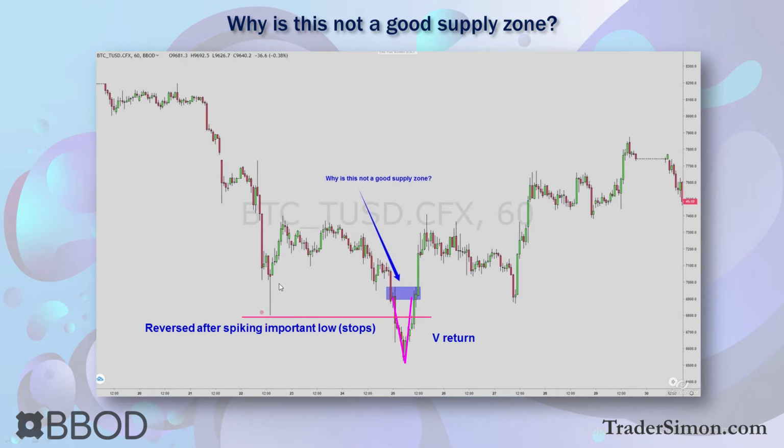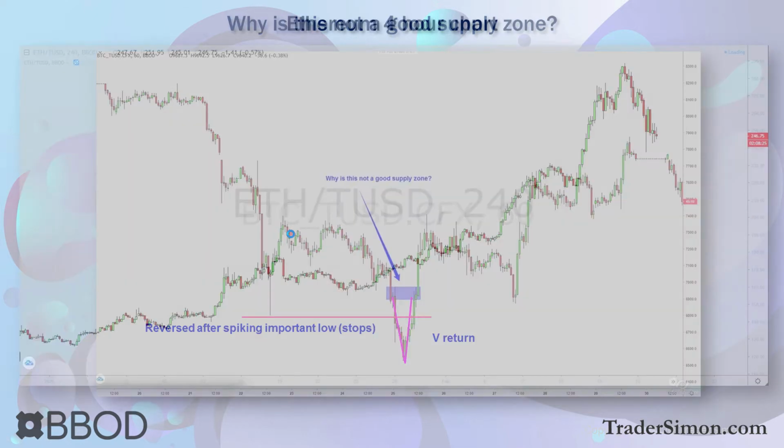So you've got the low here and the stop losses below it taken out, and you've got the V return. So there's absolutely no way you would want to sell that zone over there. And in fact, you don't want to be selling supply when it's just taken out a low, because you want to give it a bit of time for this momentum to play out. And so any supply zone down here, I would give a miss. So that's why that isn't a good supply zone.